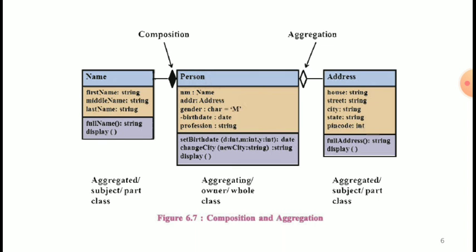So in the given example, the relationship between class person and class name is a composition relationship, whereas the relationship between class person and class address is an aggregation relationship. Address may be shared by more than one person, and so when a person is deleted, the corresponding name object is also deleted, but address cannot be deleted. So that is composition and aggregation.